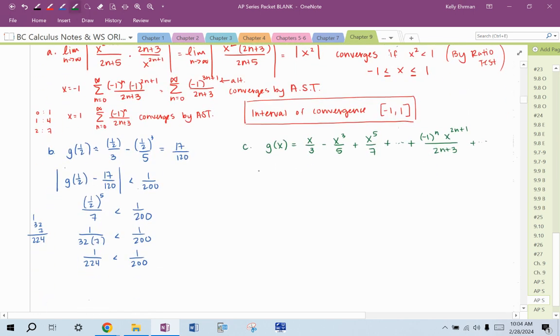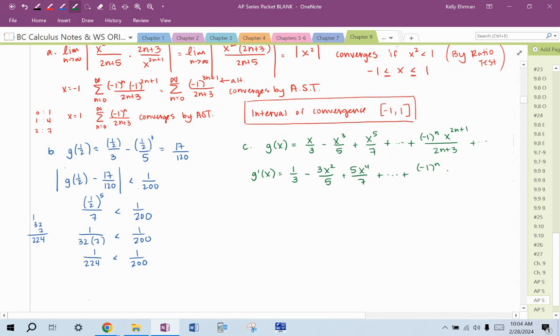Finding g prime just means take the derivatives of those first three non-zero terms and take the derivative of the general term. So the derivative of x over 3 is 1/3. Next derivative becomes 3x squared over 5 plus 5x to the 4th over 7 plus dot, dot, dot. What are we doing here? So the general term has a negative 1 to the n.